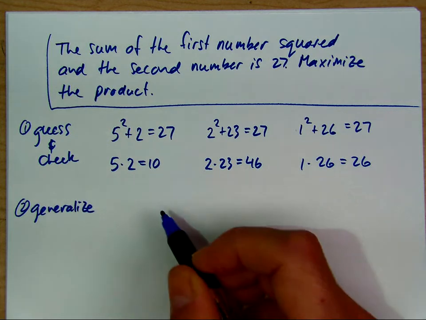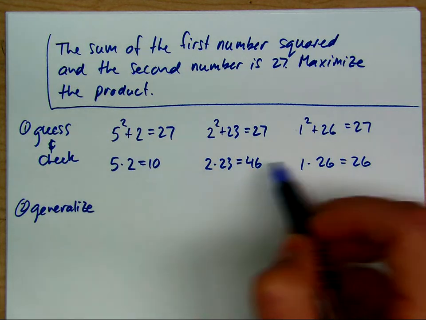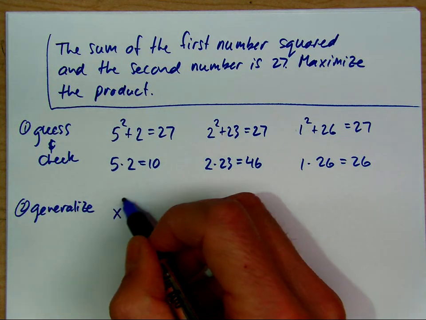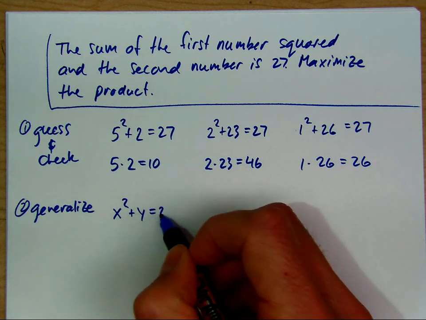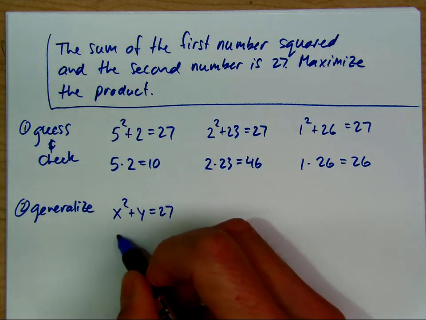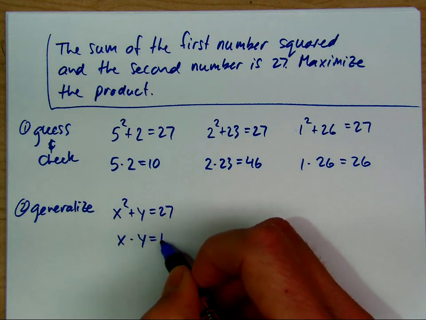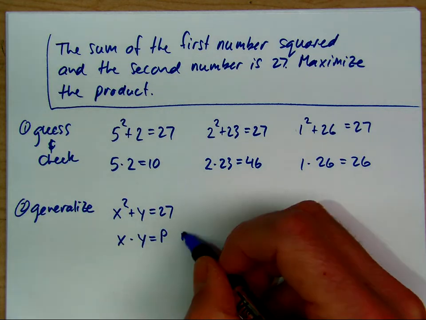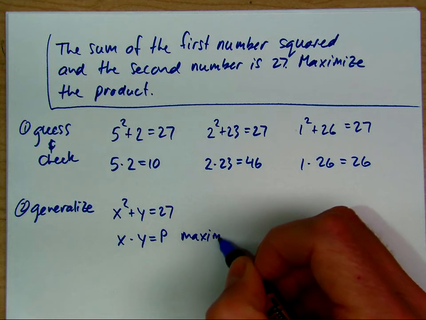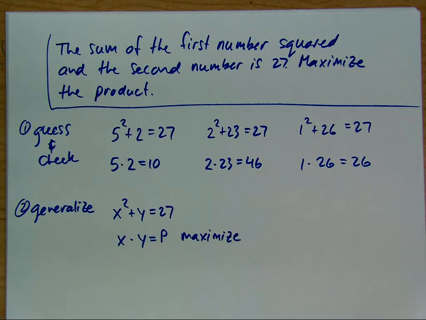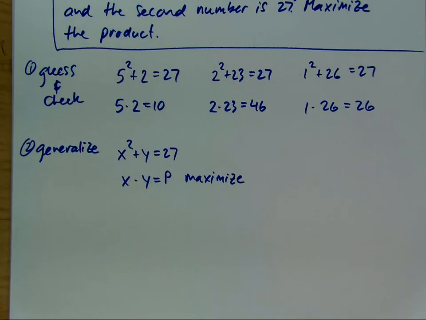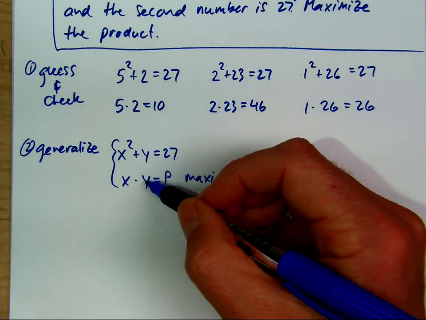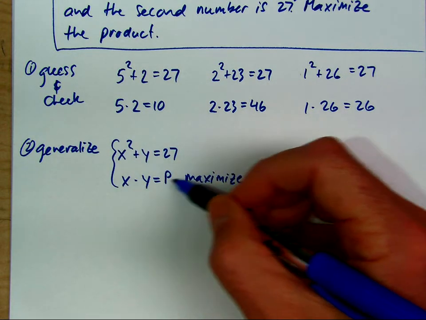And we just see this pattern repeated, and the numbers that are changing. X squared plus y has to be 27, and then x times y is the product, and we're going to maximize the product. We're going to use this equation to substitute into this equation so that we get rid of one variable.